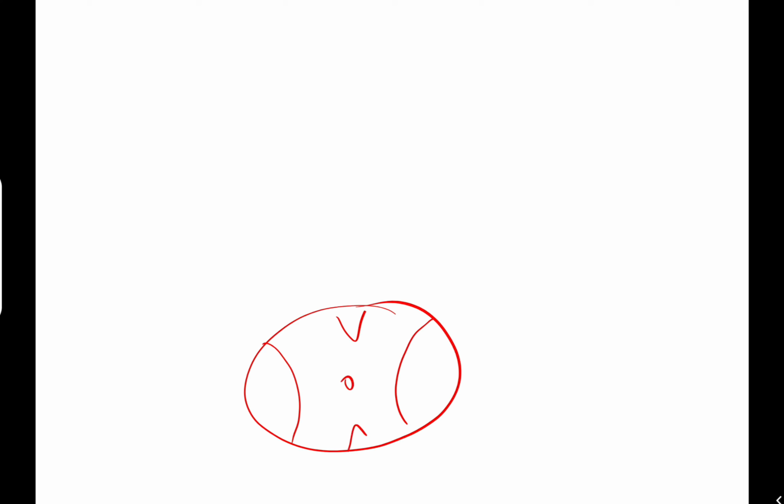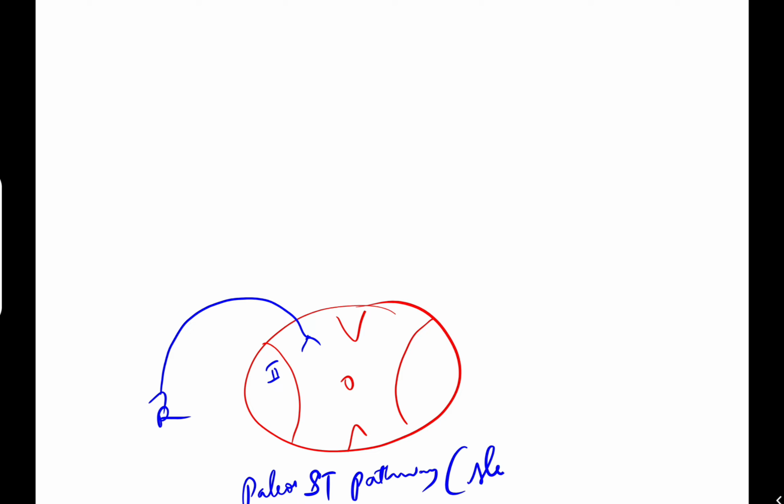So let us just understand this pathway. There are 3 neurons. Clear? The first order neuron starts from the receptor and ends in lamina 2 of the spinal cord. What I am now teaching is the paleospinothalamic pathway, which carries slow pain.